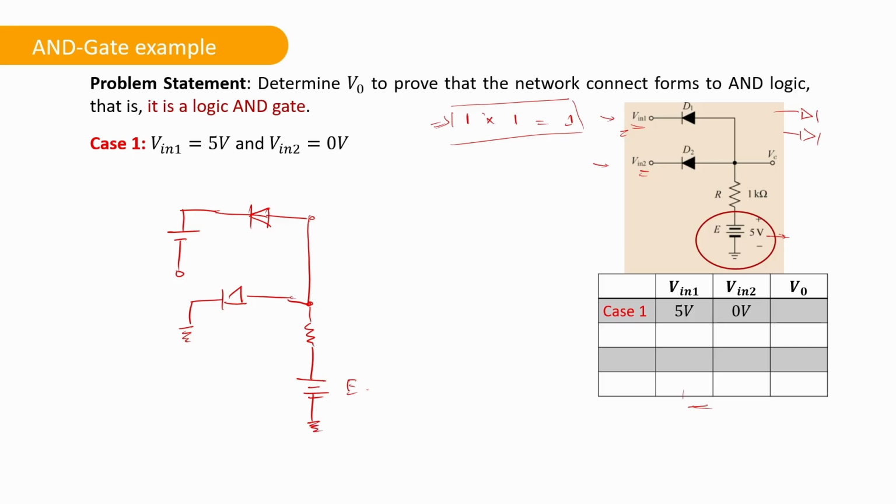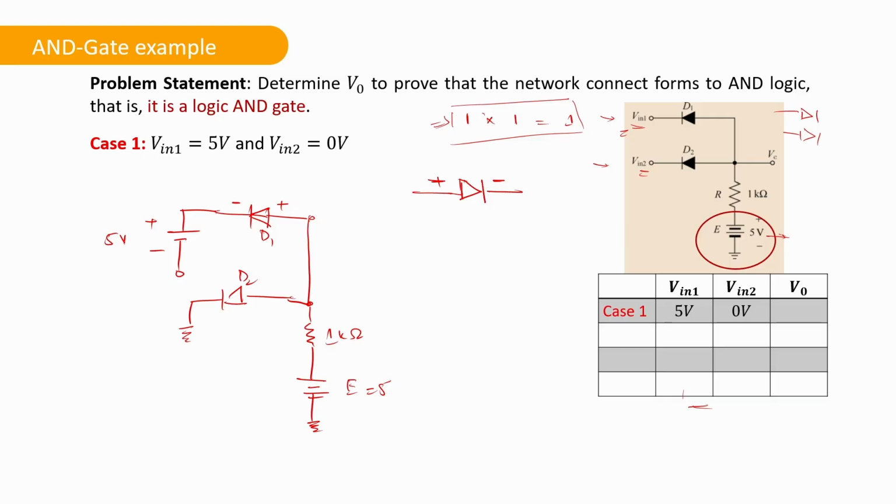So E is equal to 5 volts, 1 kilo ohm resistor, D2 and D1. We have this positive terminal, negative terminal, input is 5 volts. Now, this is negative terminal of the diode. This is positive terminal of diode. We know this. When a diode is made like this is the symbol of diode. So this terminal is always positive, this is negative.